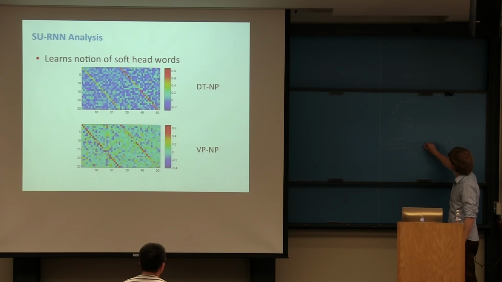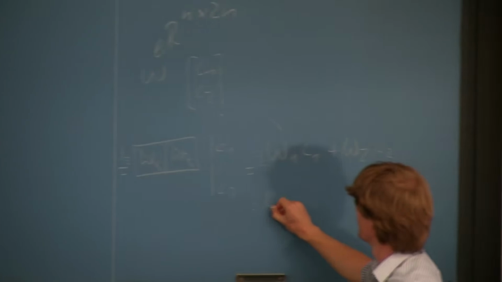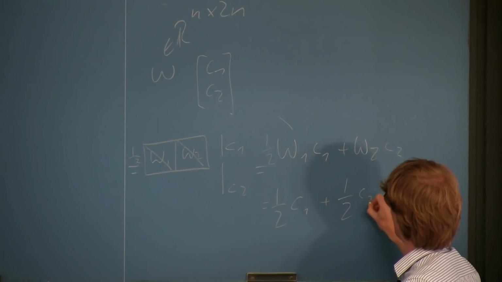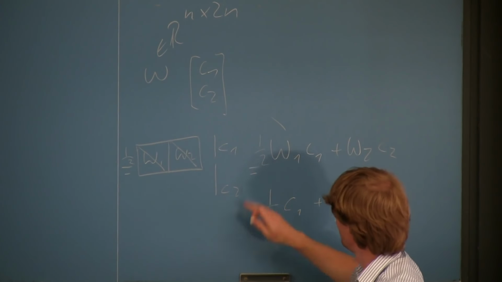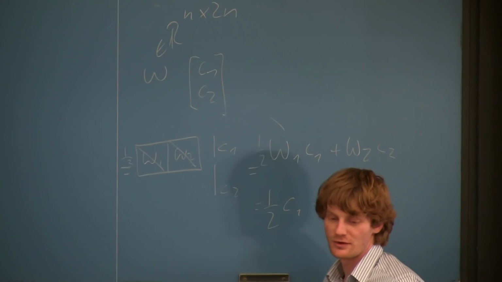So you have here 1/2 times an identity matrix, which basically just comes down to 1/2 C1 plus 1/2 C2. And then, of course, you apply the nonlinearity. But in general, when you start out, that's what you get.